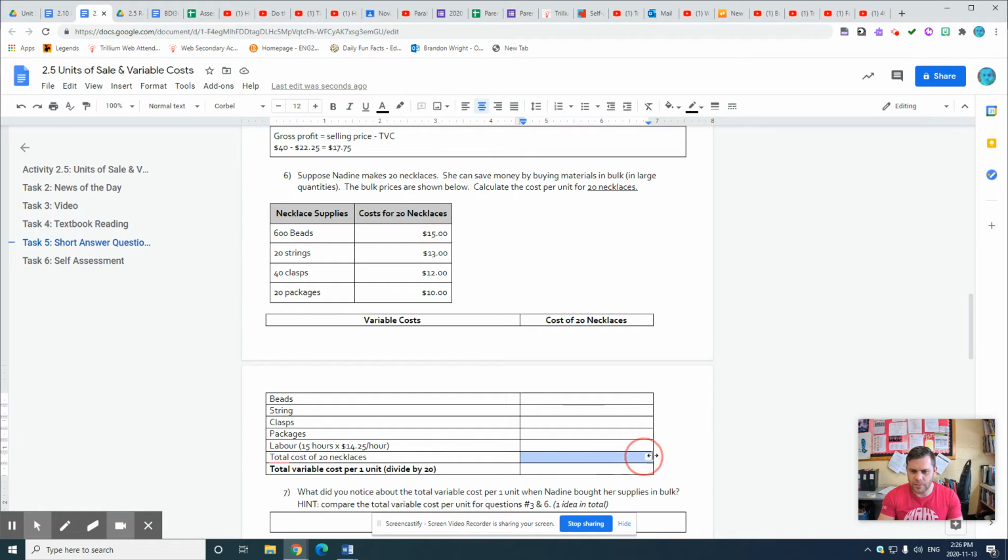So just take this number and divide by 20. So 15, 13, 12, 10, and then labor is simply 15 hours times 14.25.